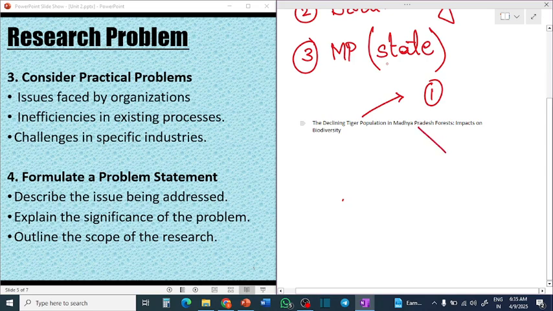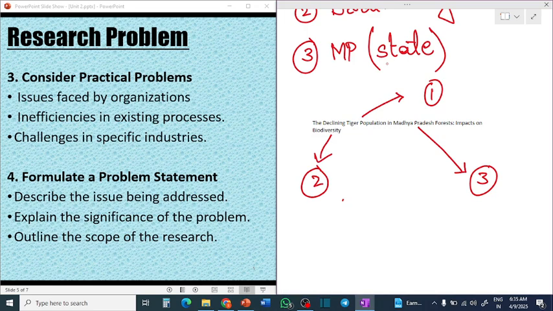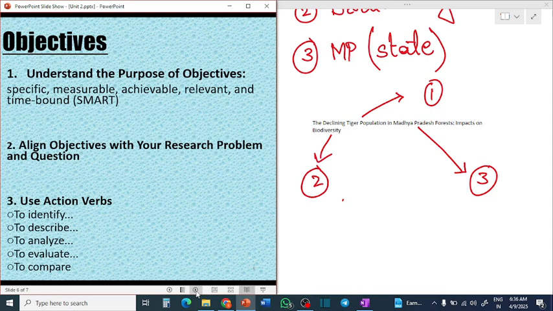In Madhya Pradesh, there you have described the scope of your research, and impacts on biodiversity, so you have described the significance of the problem. Significance is importance. Why you are doing research on this particular topic. So over here, your topic has been selected, and you have framed it in a way in which all the important points are noted. So this comes to your research title.